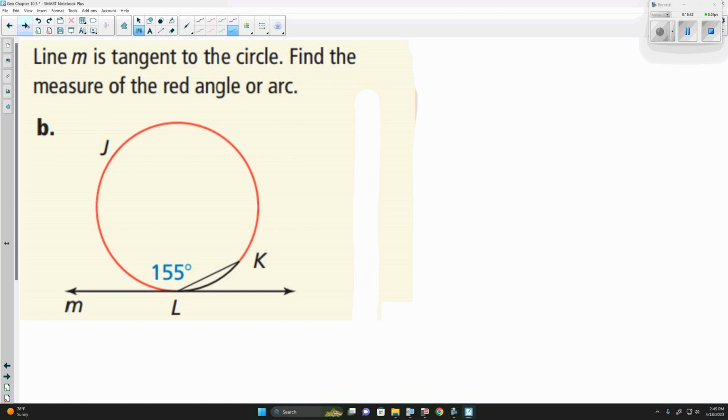So if our angle is given to us as 155 degrees, to find the arc, it would be double it. So we're going to take 155 and multiply it by 2. What's 150 times 2? And then we add 5. 5 times 2 is?